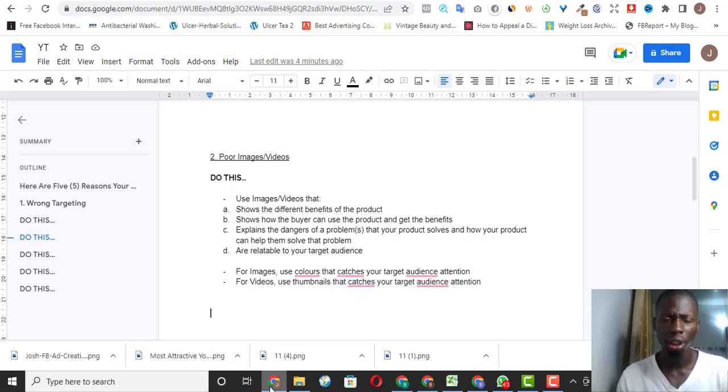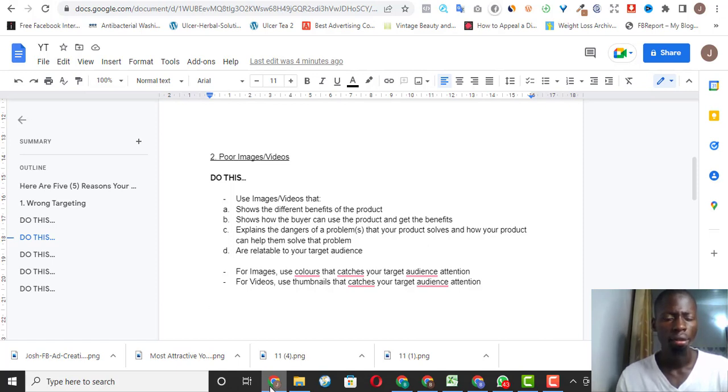So if you want to explain how that product works, you can test that product with two or three different food items that it can grind. That's basically how you should go about using videos for your adverts.